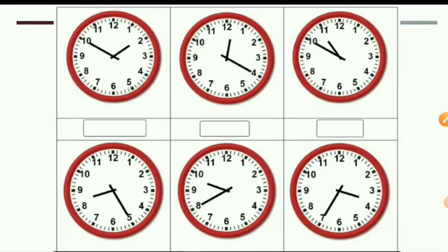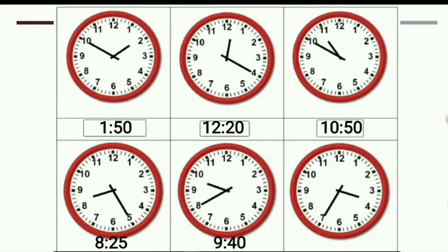This was the worksheet given to you, so you just have to recheck if the answers which you did were correct or not. Okay, so when you are reading the time, first we are going to write the hours, and then we are going to see the minutes. And you have already learnt that each number represents a multiple of 5 when you are calculating minutes, isn't it?